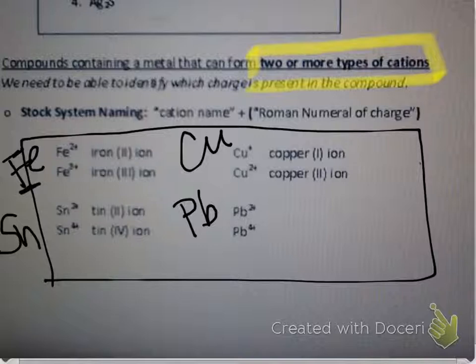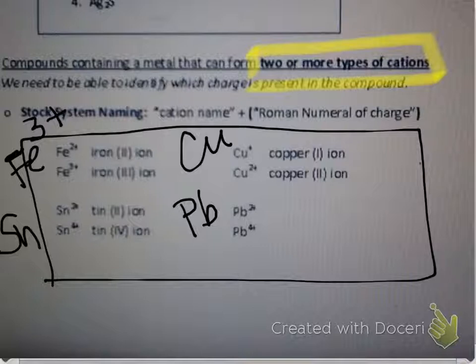Iron is Fe, and iron can form either the +2 oxidation state, so the iron 2 ion, or it can form the +3 oxidation state, the iron 3 ion. According to the Stock naming system, notice that I'm saying iron 2 and iron 3.